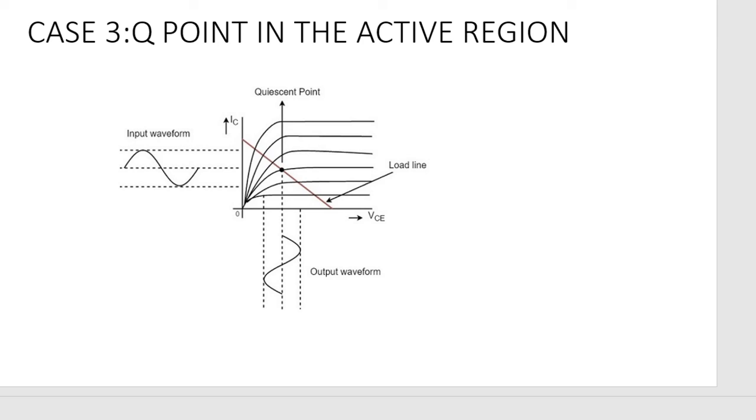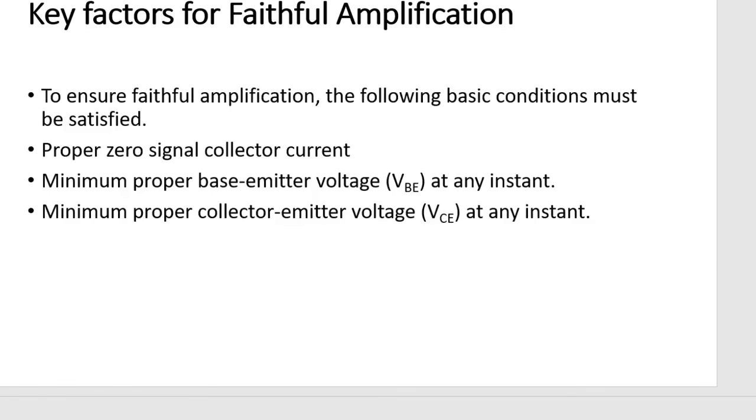So the wave shape is not preserved. So the signal will not be faithfully amplified. So to faithfully amplify the signal, this operating point must be fixed halfway between saturation and cutoff points.